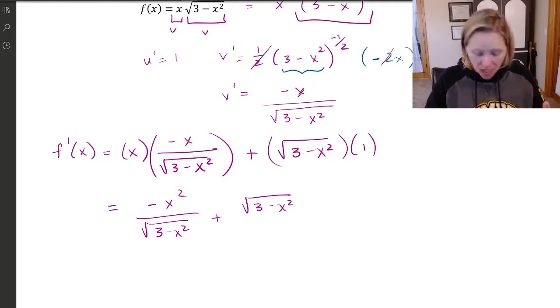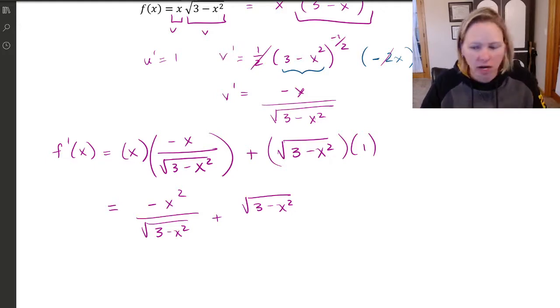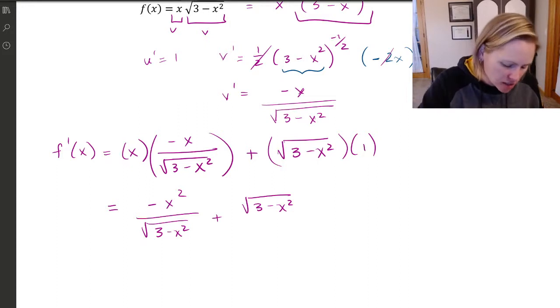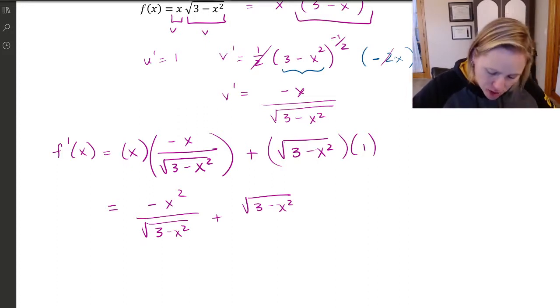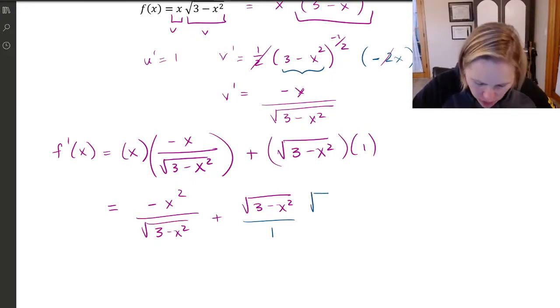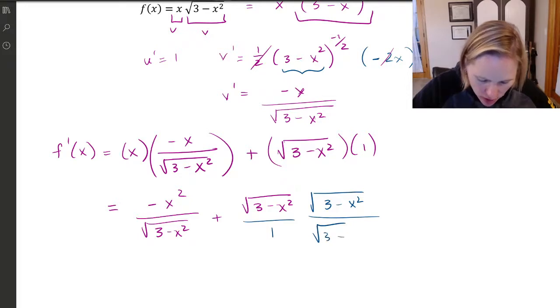So we have to take this function and make it one fraction. The way that we're going to do that is by finding a common denominator. So I'm going to take this second term and multiply it by the square root of 3 minus x squared over the square root of 3 minus x squared.